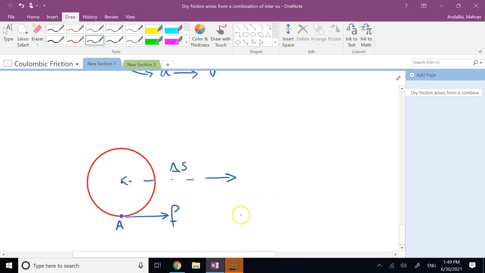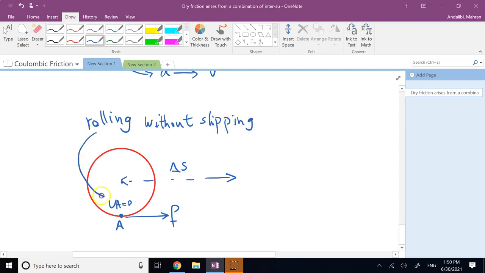Although the tire moves, the problem is you are applying your friction at every time point to the contact point, and you know velocity of this contact point is what? 0 if it's what? We call it rolling without slipping. It means the contact point does not have a velocity.